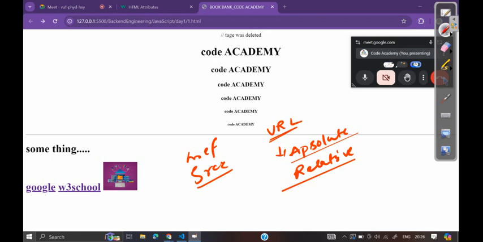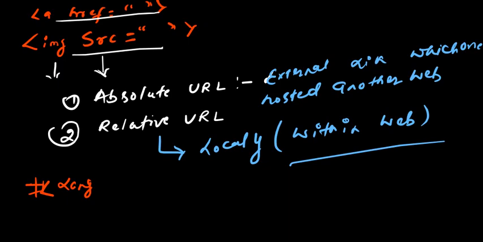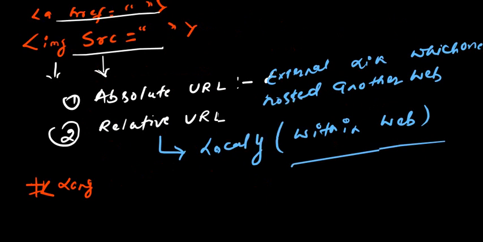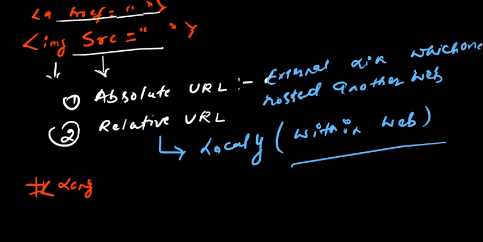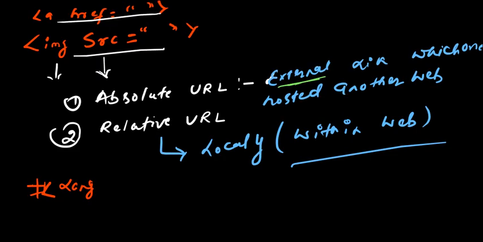So listen, we all know this. So what is an absolute URL? The external link which is hosted on another website. Got it? It is talking about an external link hosted on another web, just like W3 School.